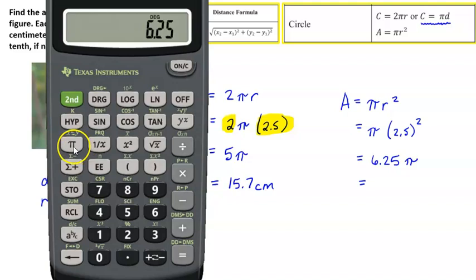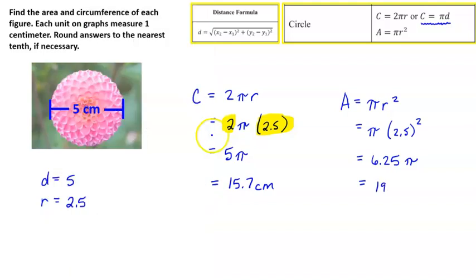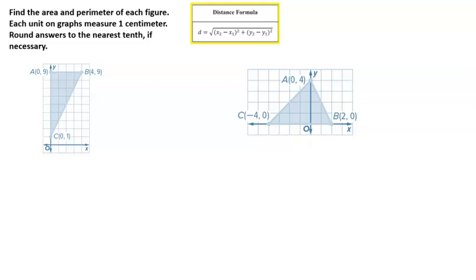So times pi equals, and we get 19.63. And 3 is not going to change the 6, and so that's going to be approximately 19.6 centimeters squared.